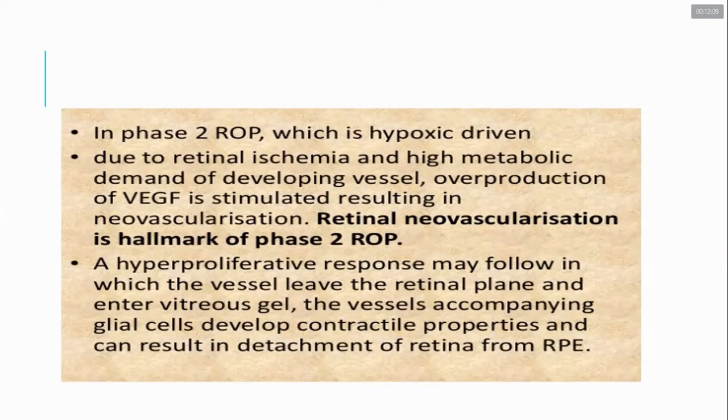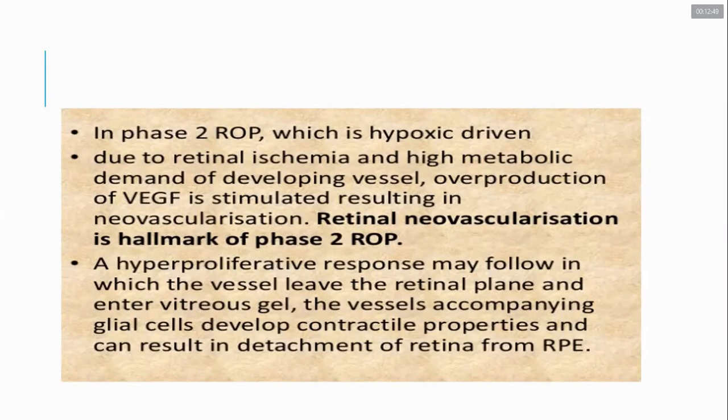So retinal neovascularization is the hallmark of phase 2 ROP, and a hypoproliferative response may follow in which the vessels leave the retinal plane and enter the vitreous gel, and the vessels accompanying the glial cells develop contractile properties and can result in detachment of the retina from the retinal pigment epithelium. So following the retinopathy of prematurity, in a sequential manner, the infant even develops retinal detachment.